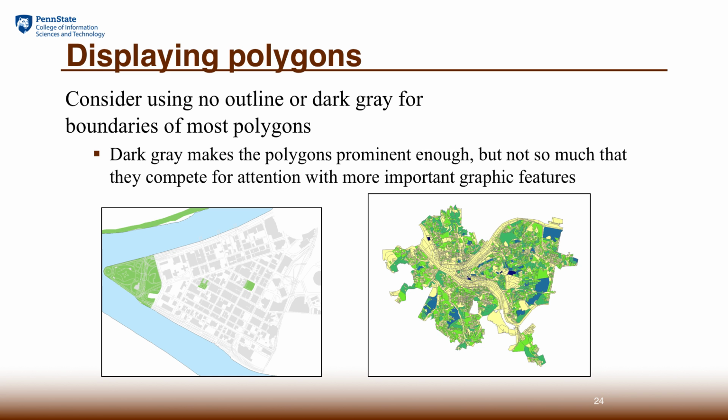So if your emphasis is on the area or internal area itself, the boundary may not be as important as other things. So as long as the boundary is distinguishable, use light gray to reduce the computation for human visual attention.